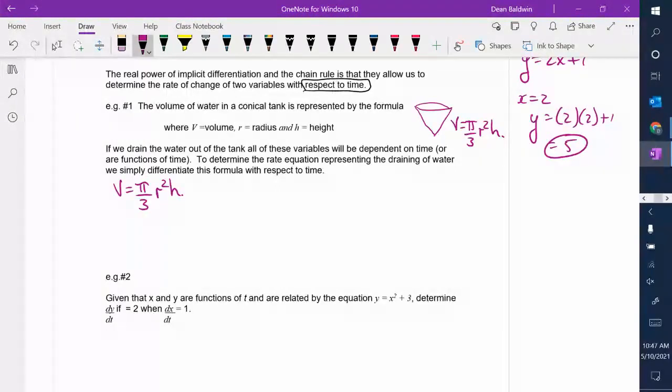So these are all implicit differentiation problems, okay? Because we're deriving with respect to time. So if I want to know how fast the volume is changing, all right? The draining of water, so it's how fast the volume is changing.